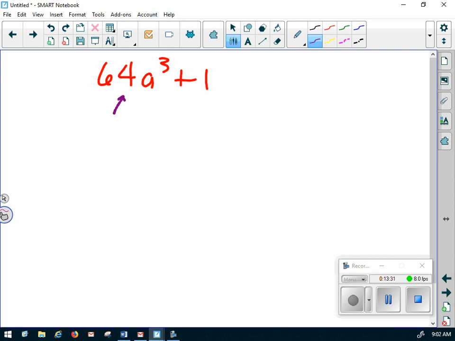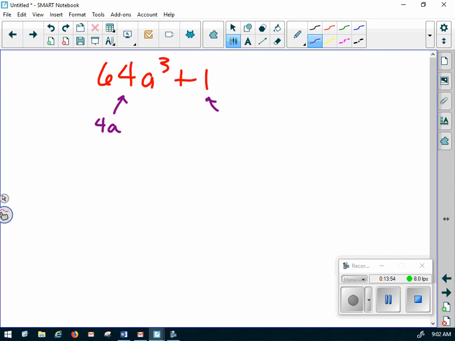What's the cube root of that? What's the cube root of 64? 4, look at your table that you made on the far right side of your page. 4. What's the cube root of a cubed? A, right. So, 4a.